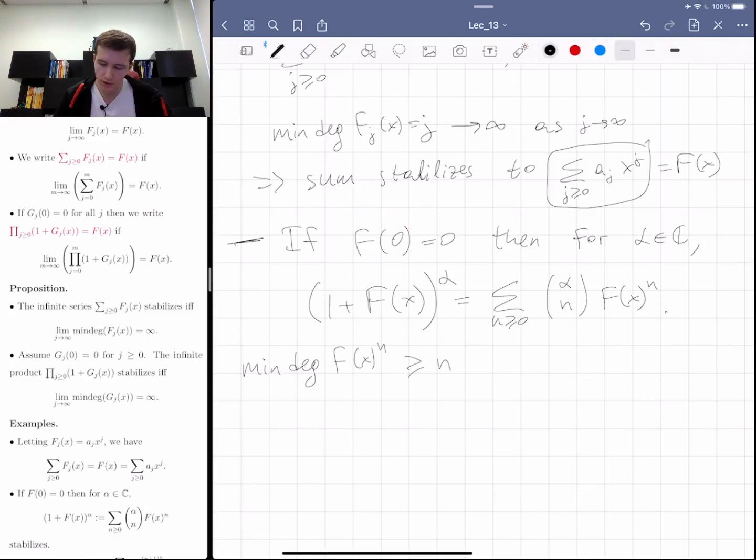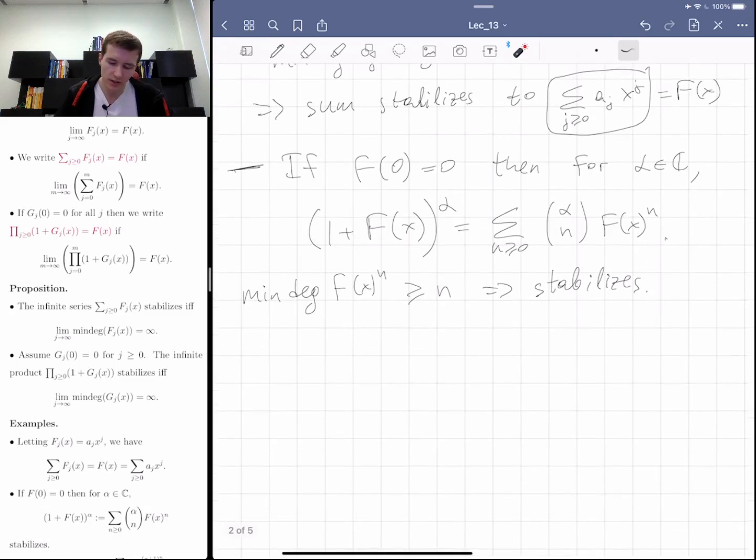And therefore, this summation stabilizes. In other words, to compute the coefficient of x cubed, you only have to consider the first three terms, because after that it's not going to contribute to x cubed.